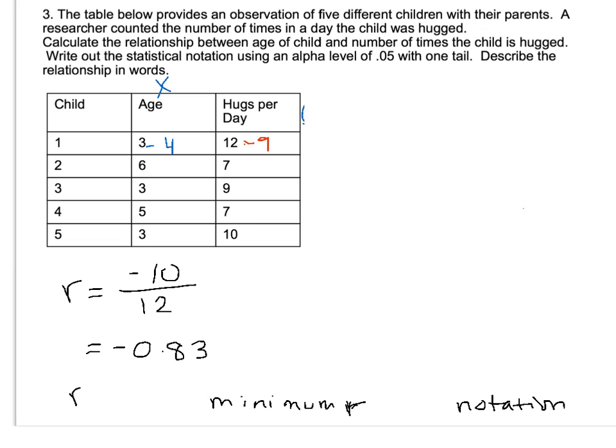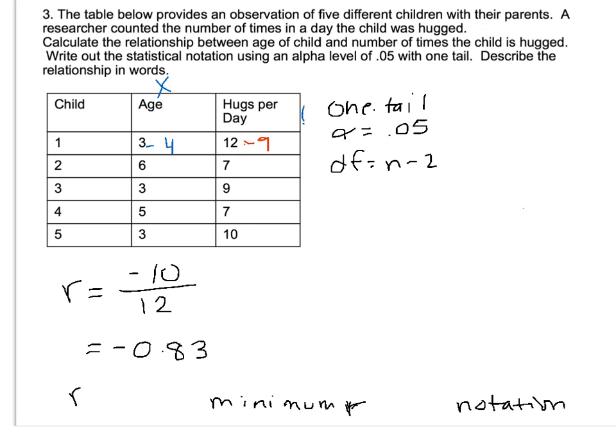So the next thing I'm going to do is find the minimum R required. To do that, I need to know 3 things. I need to know the number of tails, and here I said to use 1 tail. I also need to know the alpha level, which is 0.05, and then I need to know my DF. And DF equals n minus 2 for this case.